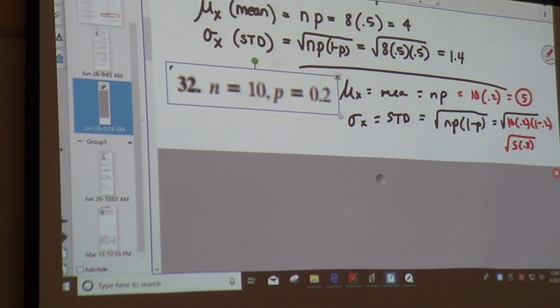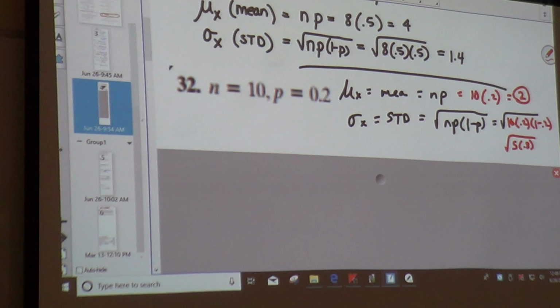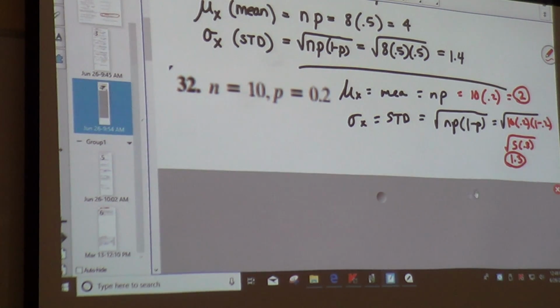I'm doing 10 times 0.2, so it's 2. I don't know why I was doing half of 10. And then the standard deviation should be 1.3 if we round it to one place behind the decimal.